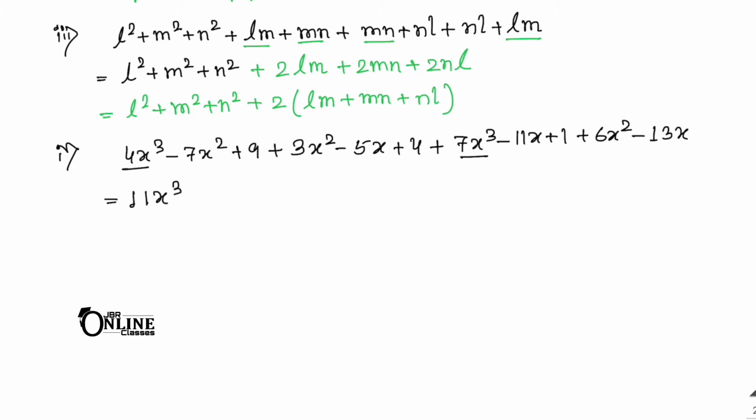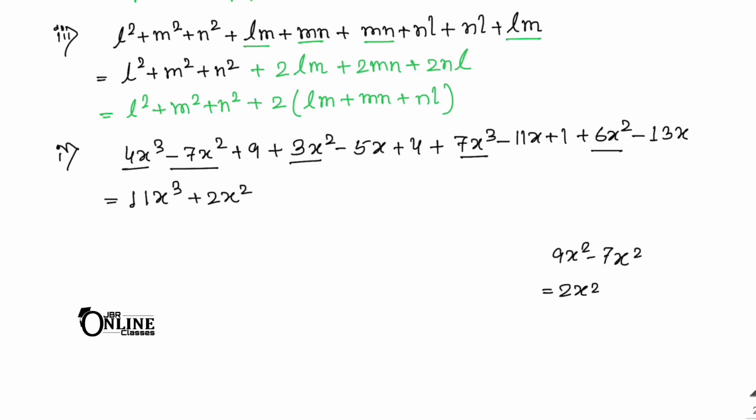Then x square, here minus 7x square, here 6x square, here 3x square. So 6 plus 3, that is 9x square. Then 9x square minus 7x square. Okay, 9x square minus 7x square. So 9 is greater, so that means 2x square. So write down here 2x square.